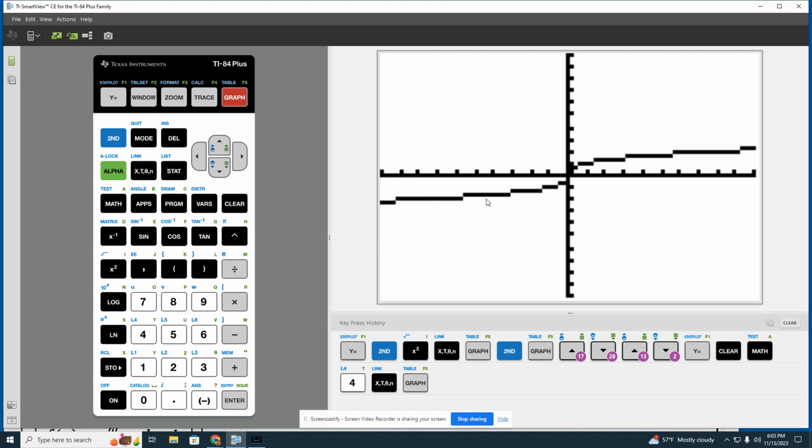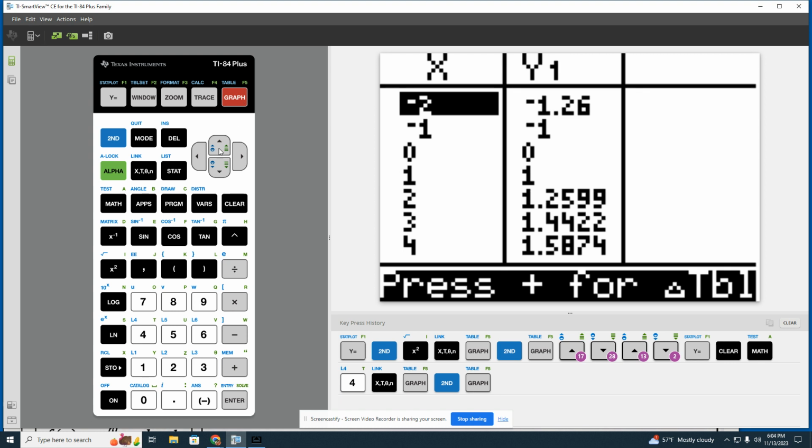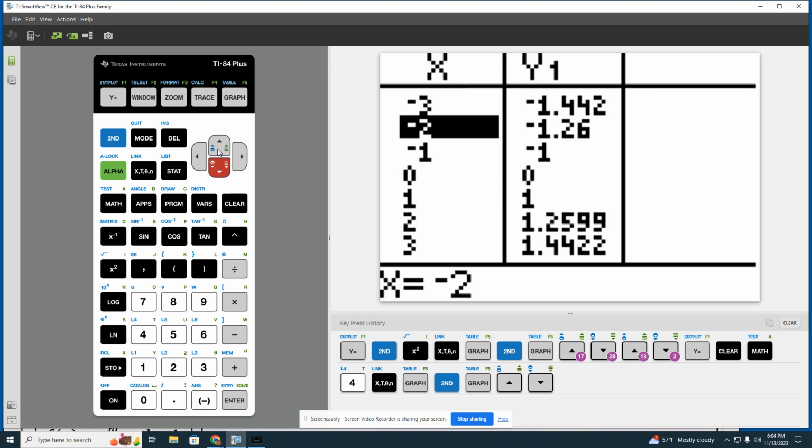So it never stops going left or right, never stops going down or up, but I still want to get some points. So if I look at my table, you're going to see some points. You've got 0, 0. You got -1, -1. You've got +1, +1.